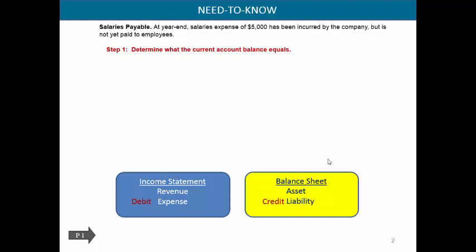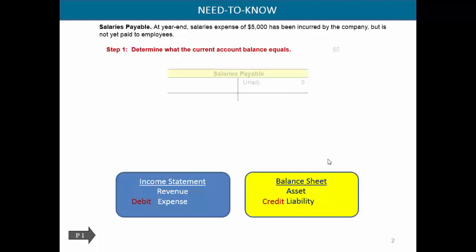But let's assume that December 31st is a Thursday. So we need to make sure that on Thursday, December 31st, we show that we owe someone money. We have not yet paid them because we're going to pay them on payday Friday.